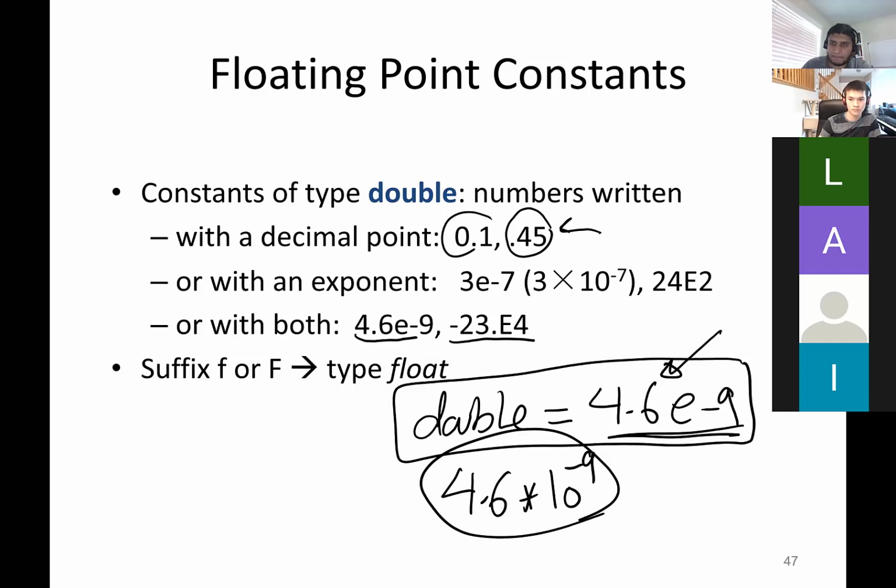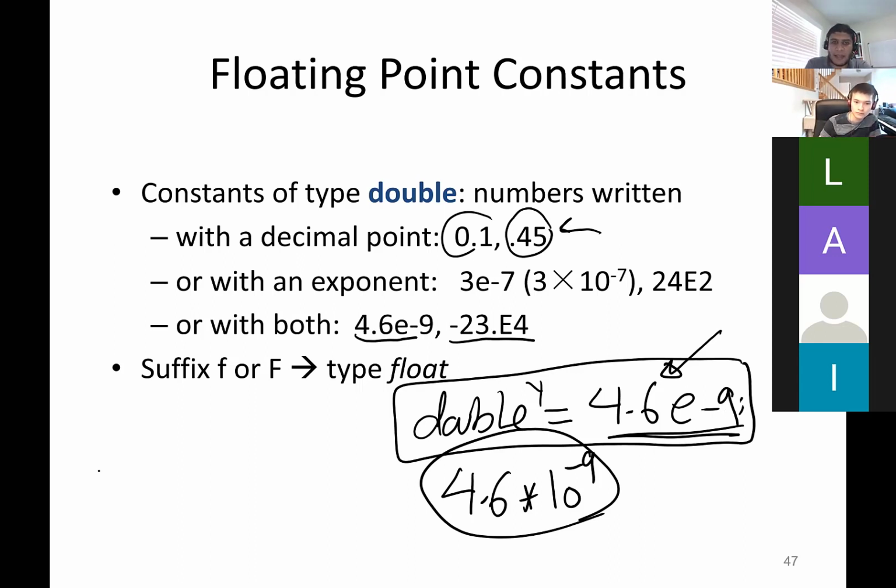Go ahead. When you say constants, do you mean these are constants assigned to a variable, or these are just numbers that we're writing in an equation or something? Okay, that's a good question, Arjun. So it's both, right? Immediate values can be used in two different ways. Assigning them to a variable, similar to what you said, for example, double y equal this, or use them in an expression.